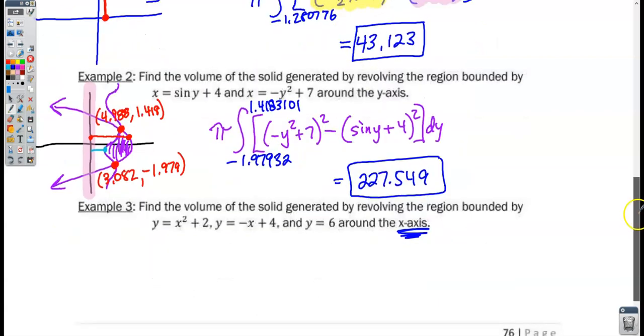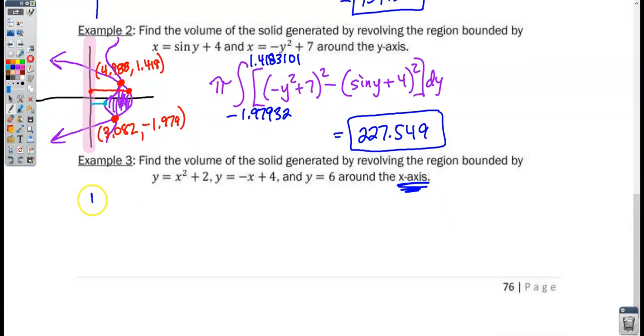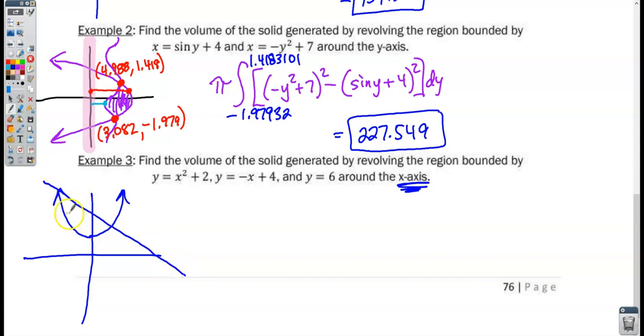And the region we're talking about here, let me sketch this by hand. The region bounded by y equals x squared plus 2, y equals negative x plus 4, and y equals 6. We're talking about this region right here that's bounded by all three of those curves.